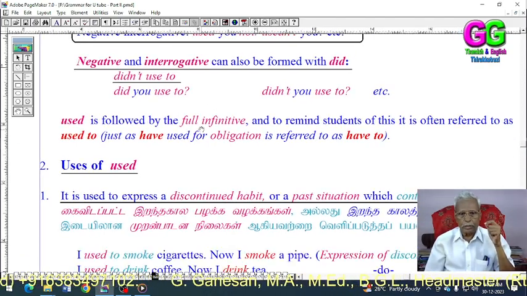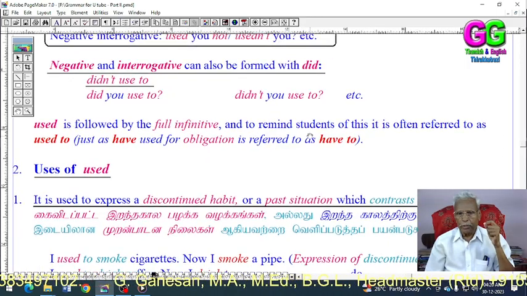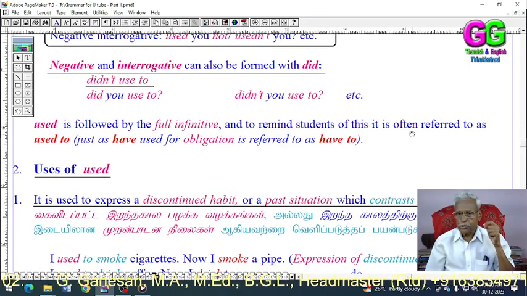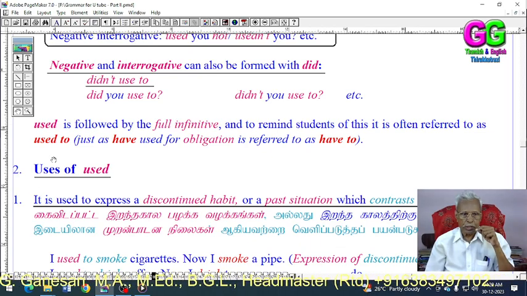Used is followed by the full infinitive, and to remind students of this it is often referred to as used to.